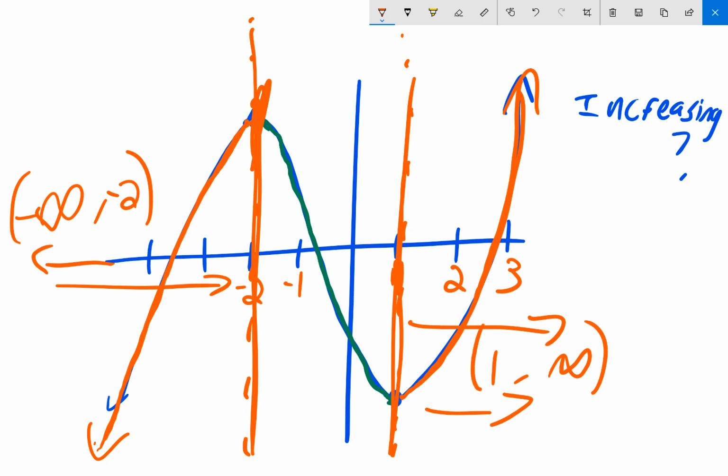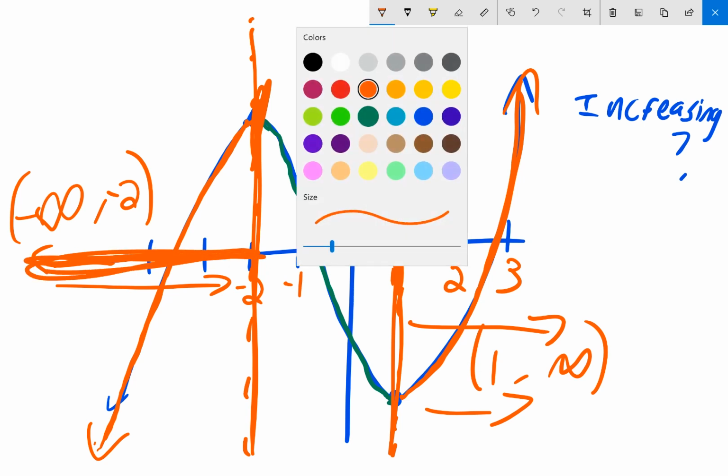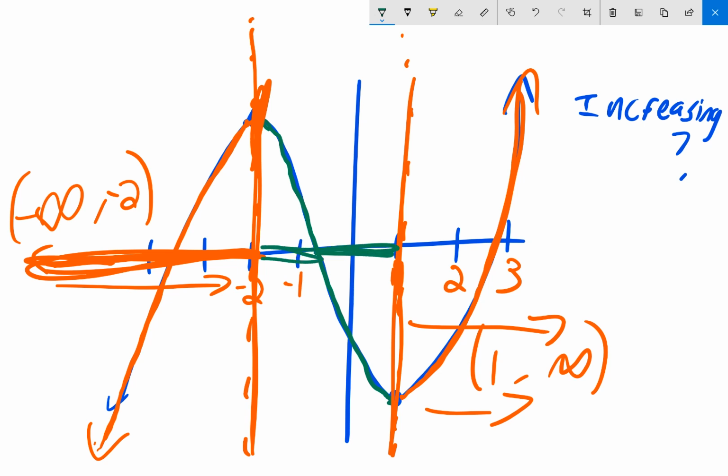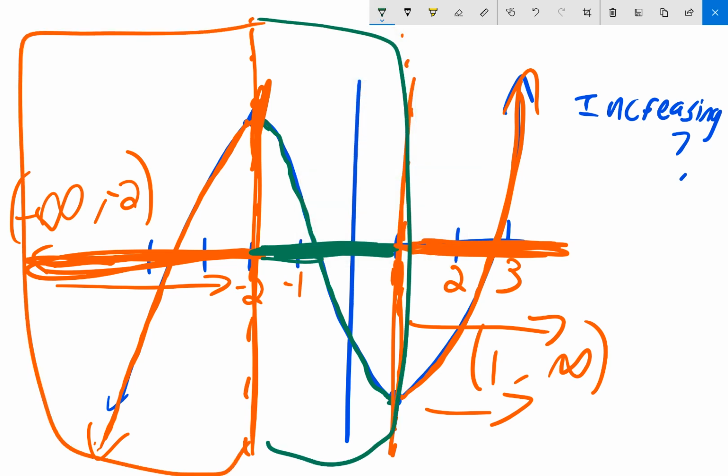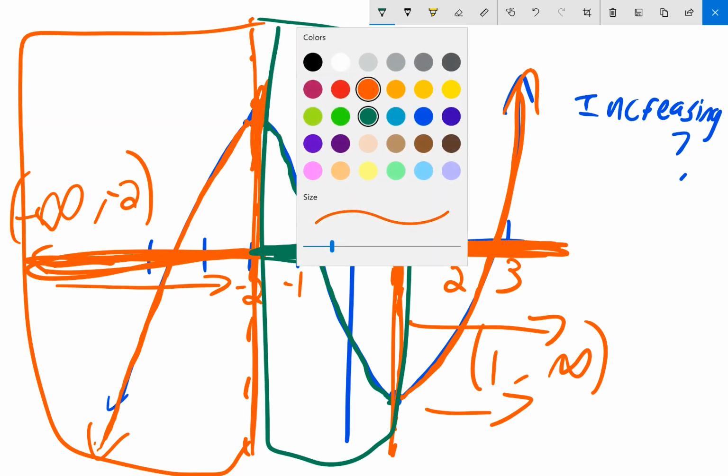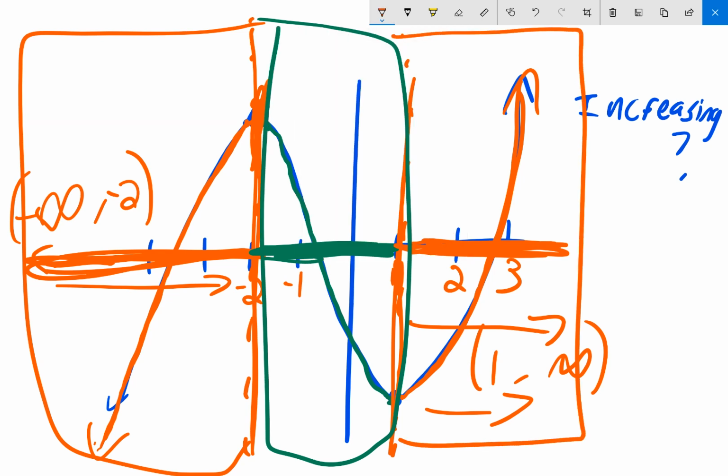Just look at the x-axis, right? This part of the x-axis, it's increasing. And then between -2 and 1, it's decreasing. And then from 1 all the way back up to infinity, it's increasing again. So this region of the graph is increasing, this region is decreasing, and then again, increasing here.